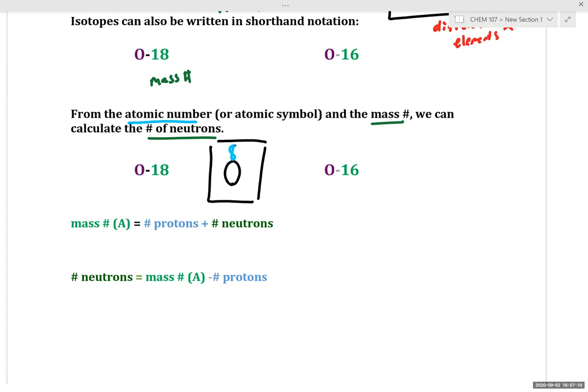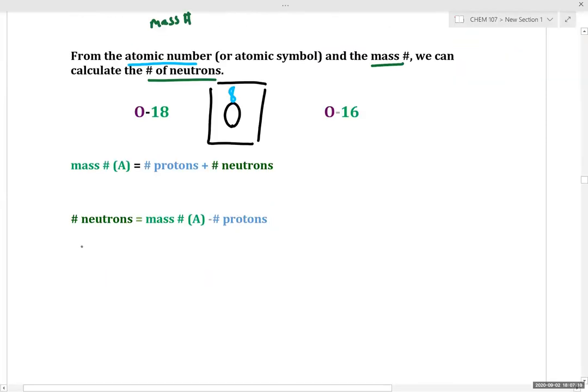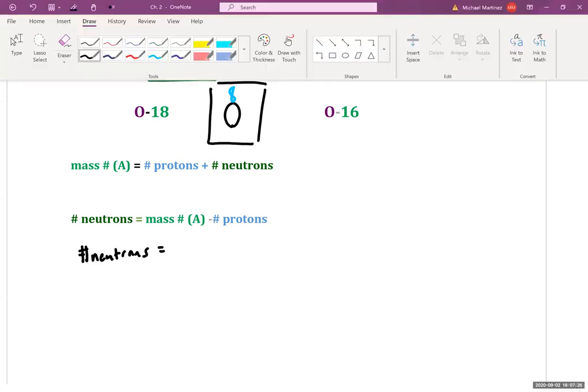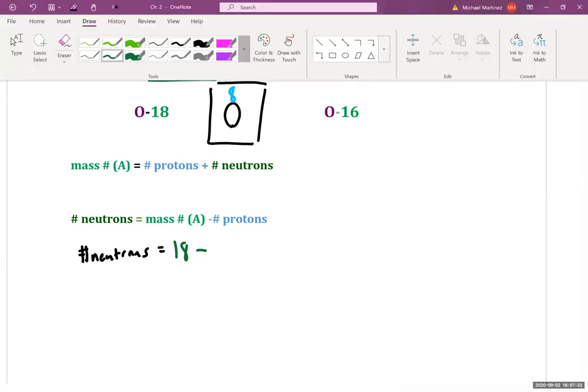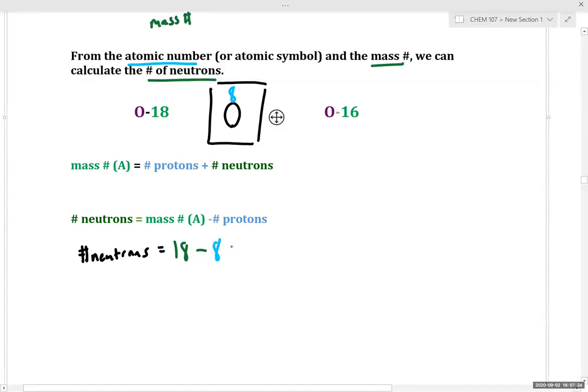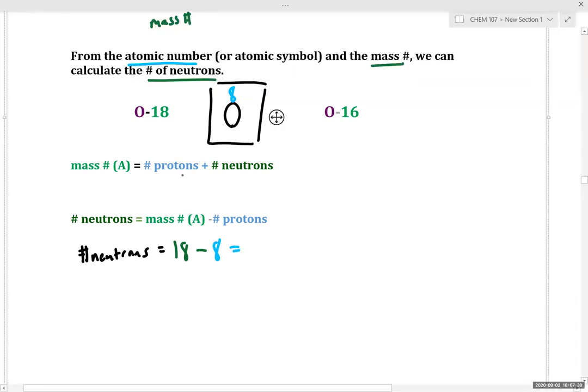So then what we can do now is calculate the number of neutrons by taking the mass number, which is 18 in this case, minus the number of protons, which would be 8. That gives us a total of 10 neutrons.